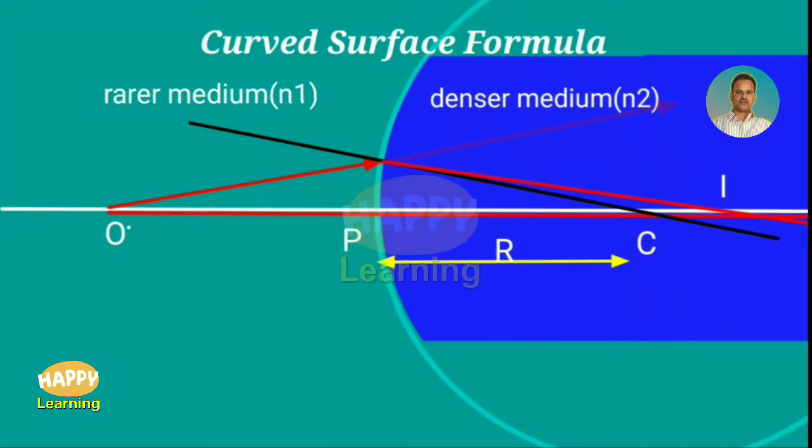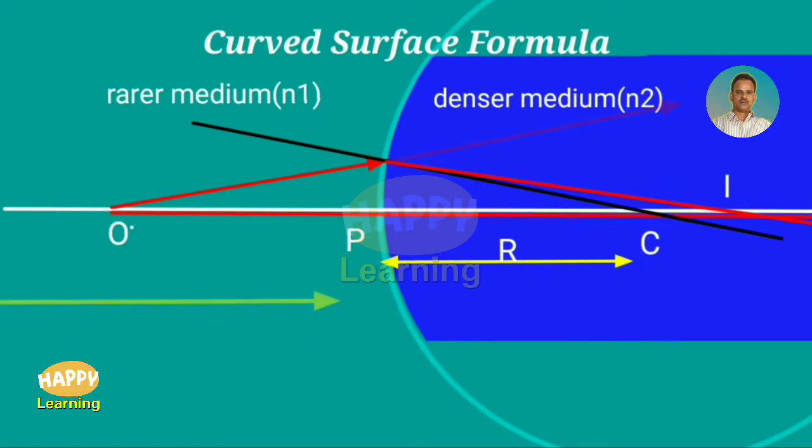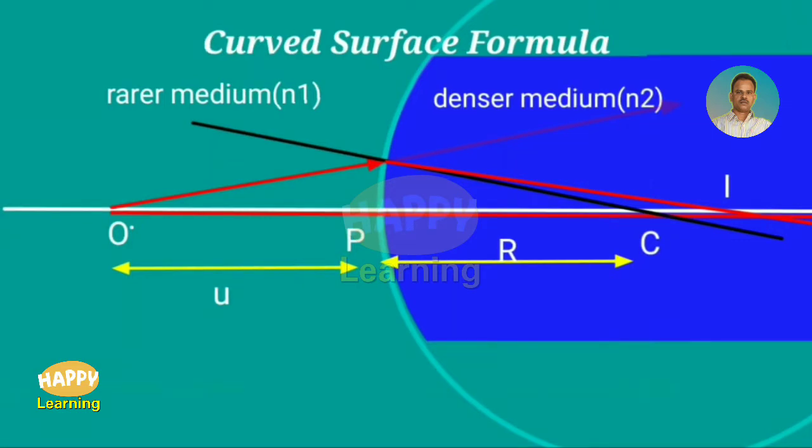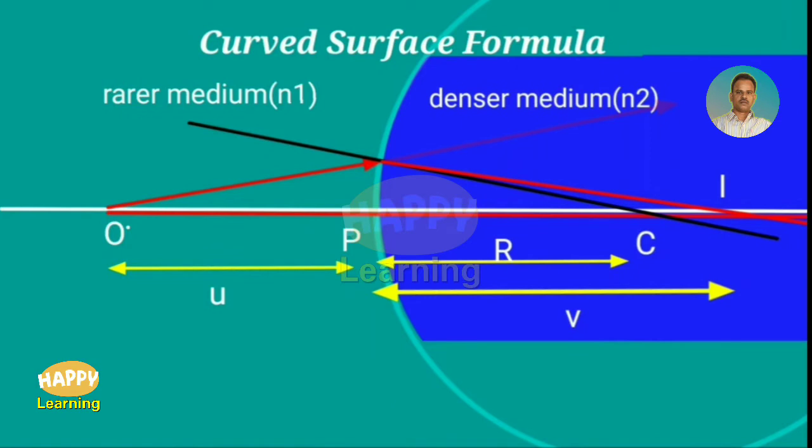Distance between P and C is the radius of curvature R. Then the distance between P and O, pole and the object, is the object distance and it is denoted by letter U. Then the distance between P and I, pole and the image, is the image distance and it is denoted by the letter V.